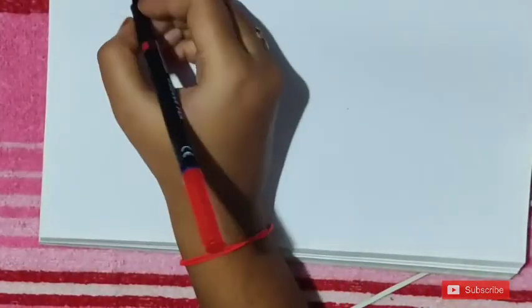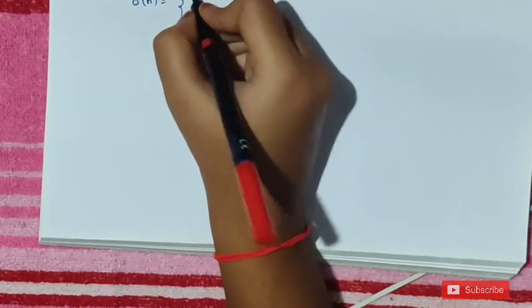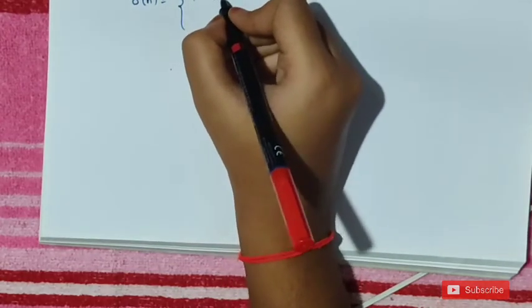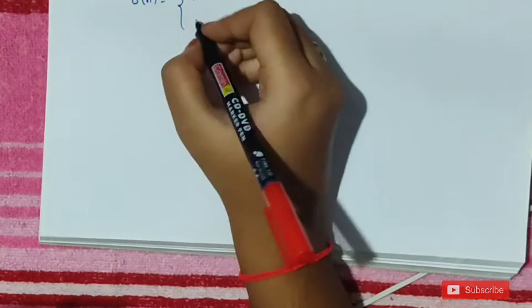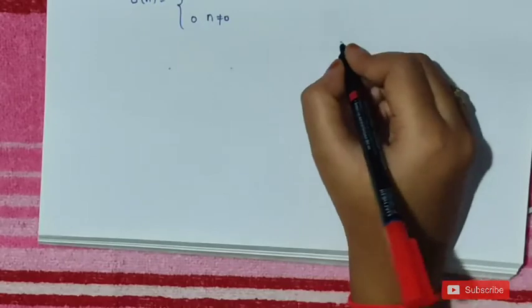That is the only change we have to make. Consider delta of n. Delta of n is equal to 1 for n equal to 0 and 0 for n not equal to 0.